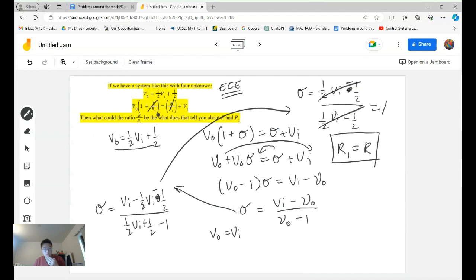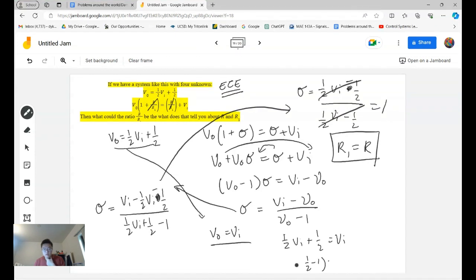Equal Vi, and then you just plug this in here, and that would equal plus 1 half equal Vi, and then as you can see, minus 1 half minus 1, Vi equal negative a half. So that's 1, right? And then that 1 equals that, so V0 equal Vi, so that equals 1.